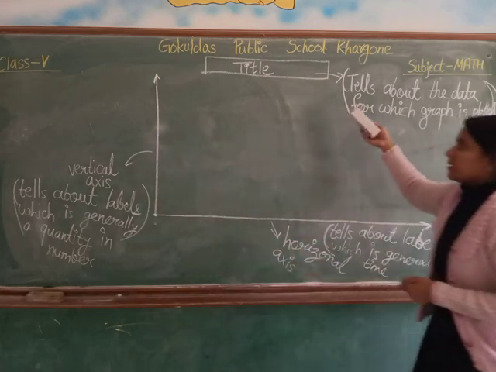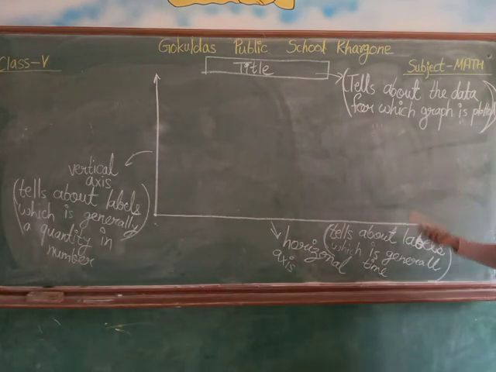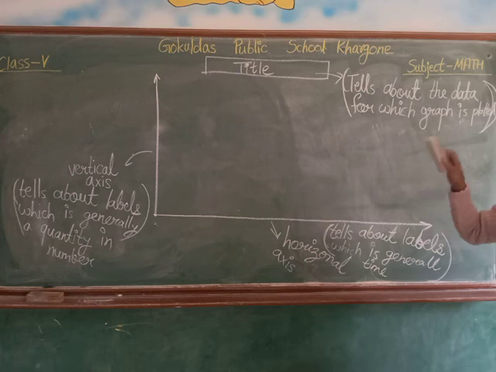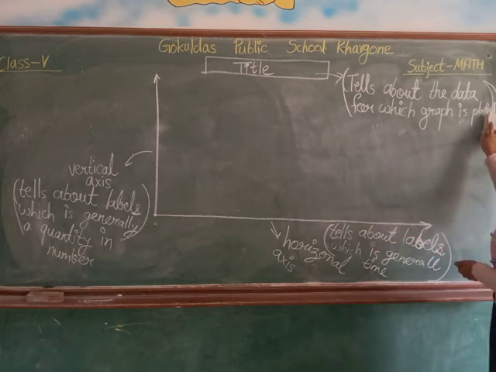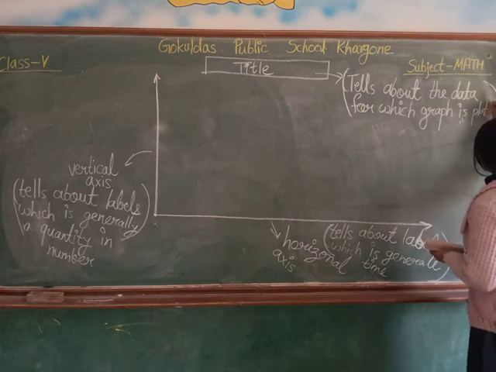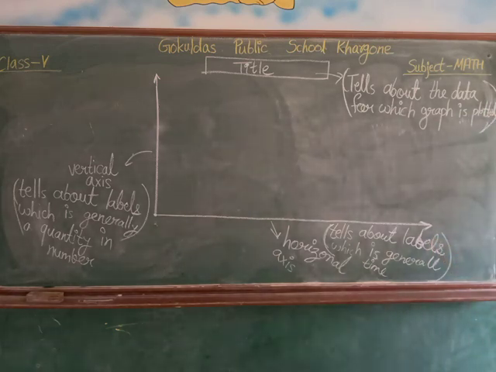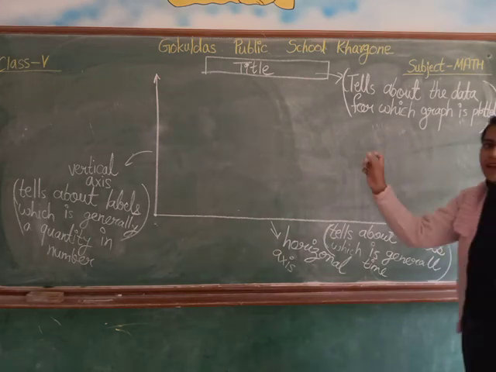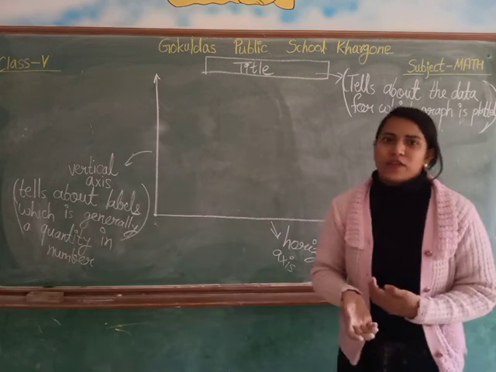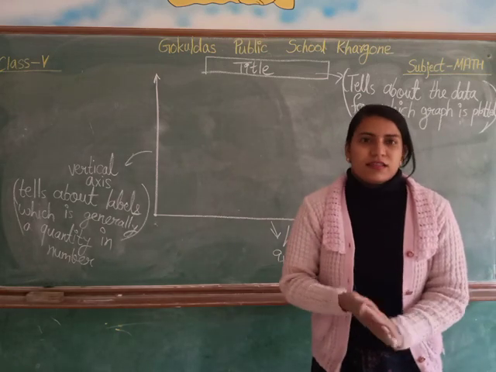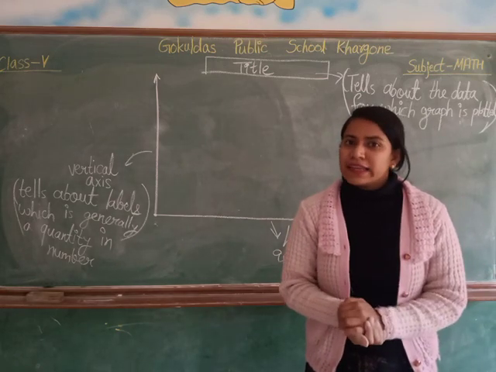Basically the title tells us what the graph we have drawn is showing. Title means heading, right? If I write the heading line graph, we can understand that this heading is telling about the line graph.